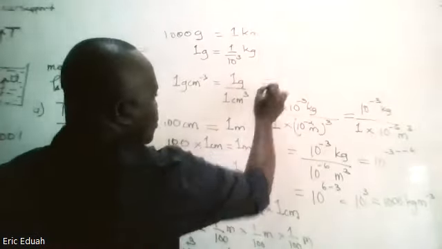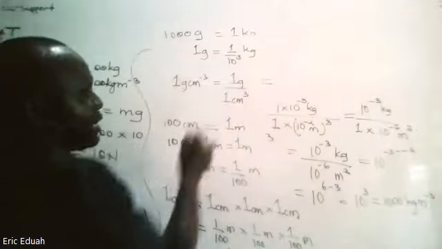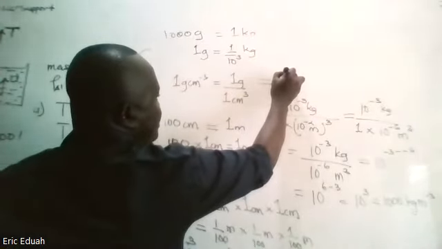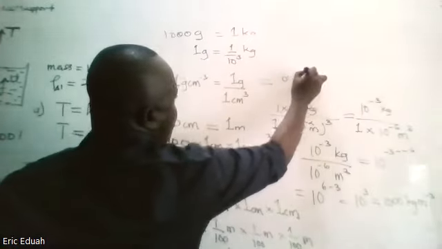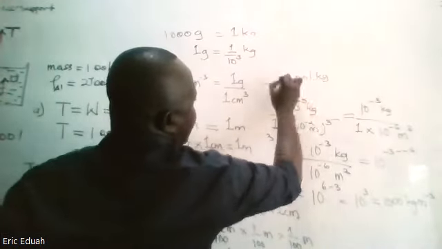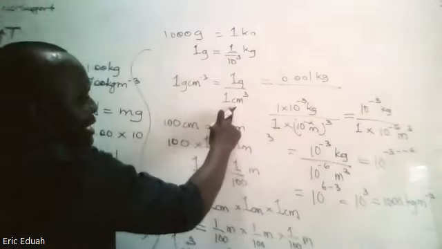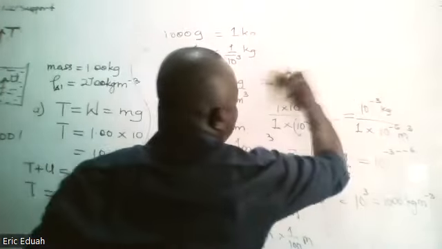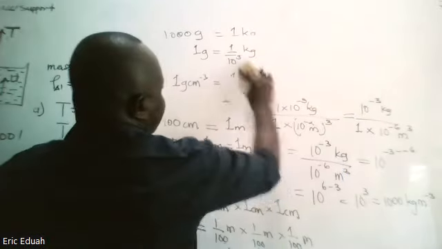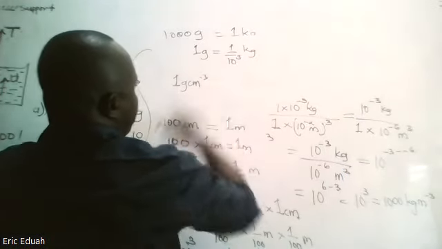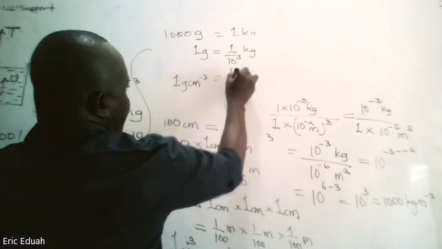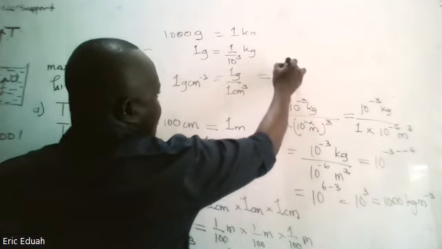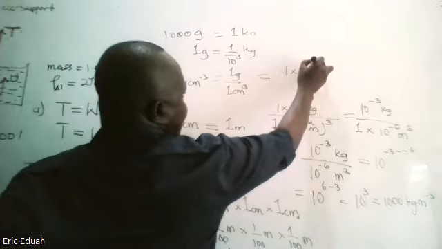So all that I do is to bring it here, knowing 1 gram to be 0.001 kg. Then let me express that in standard form so that it becomes a bit clearer. This is 1 gram over 1 cm cube. So you have 1 times 10 to the power.